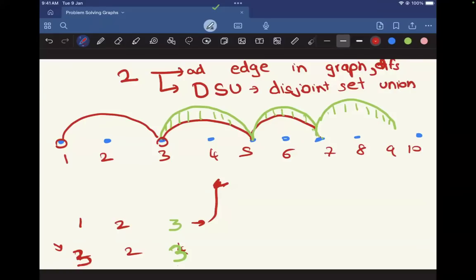So if I want to merge this and this, I will just say DSU dot union 1, 3. And if I want to merge these two, then I say DSU dot union 5, 3. What this does is it adds an edge here and it adds an edge here. Is this much clear for everyone? These are the two techniques that can be used.